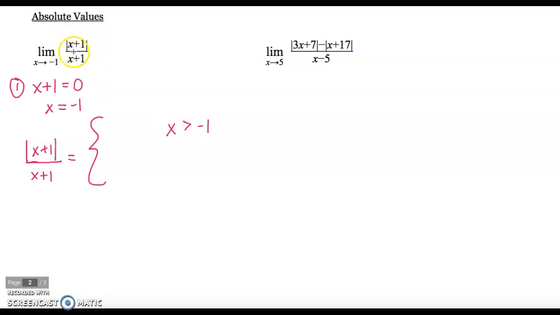Do your absolute value symbols actually do anything to 13? No. So for all x values greater than -1, you technically don't even need absolute value symbols. Okay? And then for all x values less than -1, you absolutely need absolute value symbols.